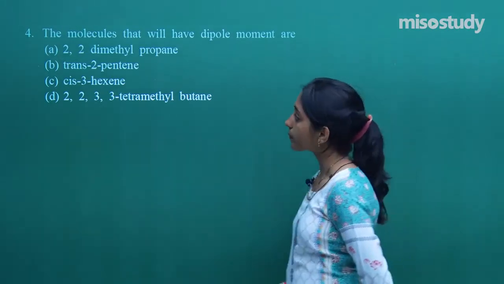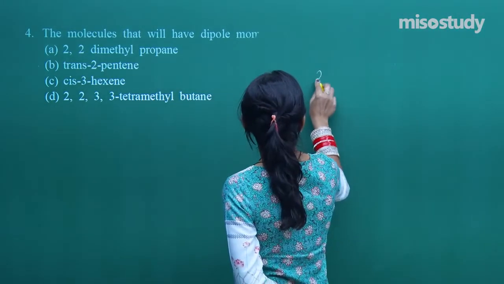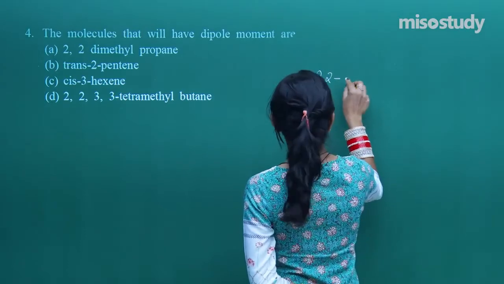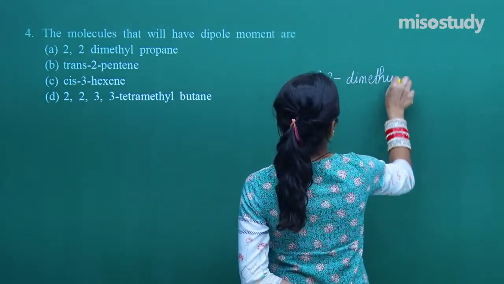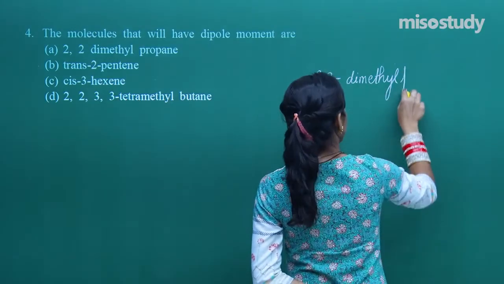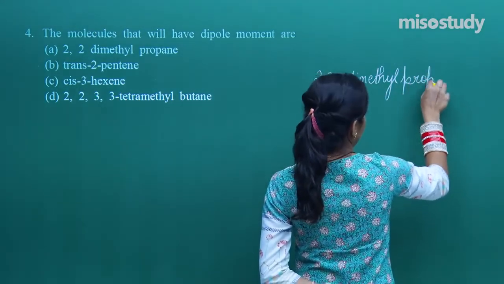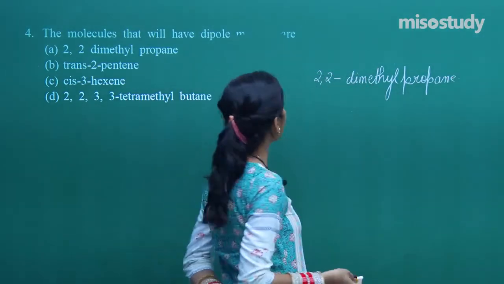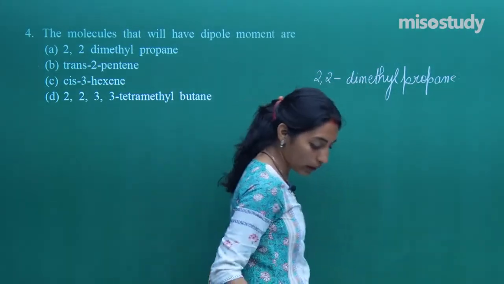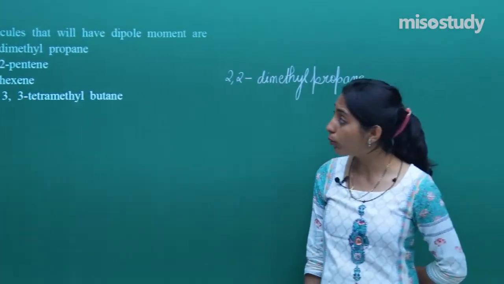Let's try to draw. So first is 2,2 dimethyl propane. Okay, we need to figure out the molecules that will actually be having dipole moment.